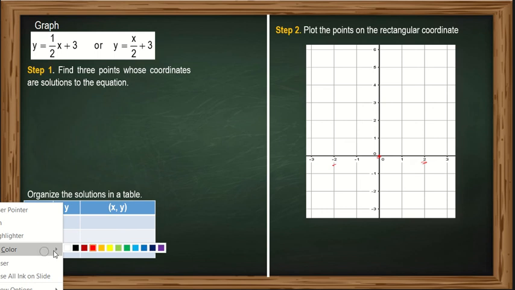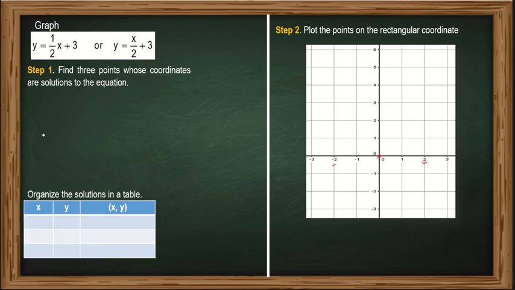So we have when x is equal to negative 2, 0, and positive 2. Let's substitute. y is equal to negative 2 over 2 plus 3. Negative 2 divided by 2 is negative 1, plus 3, so we have positive 2.